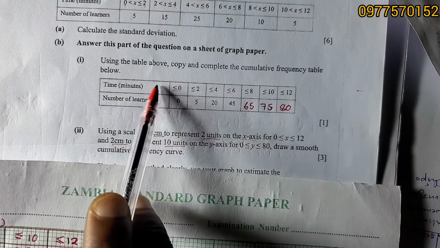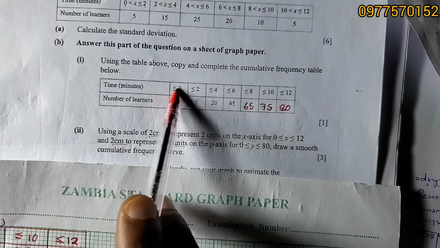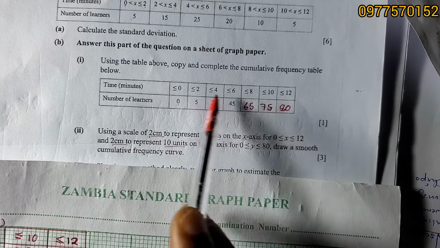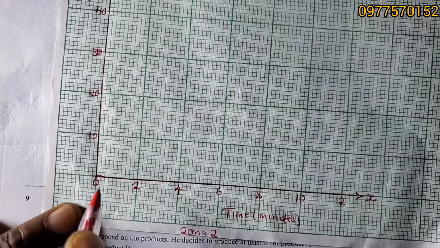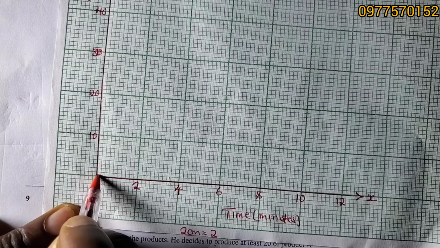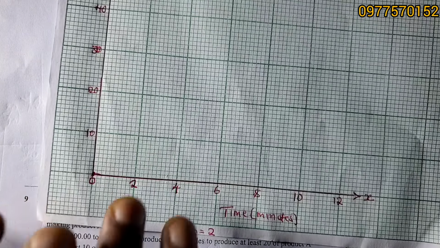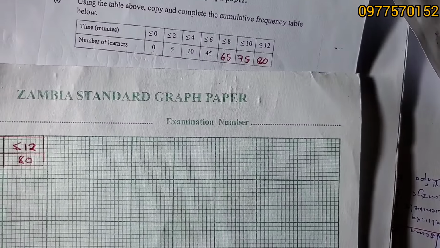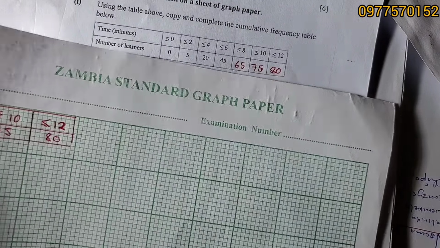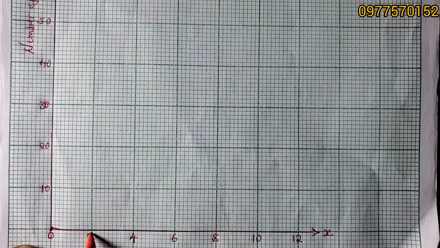The first one, so these are x coordinates, and then these are y values. So 0, 0, so you go where 0, 0 is. You need to be indicating these coordinates, by the way. So this is where 0, 0 is. The next one is 2, 5. So 2 is here.